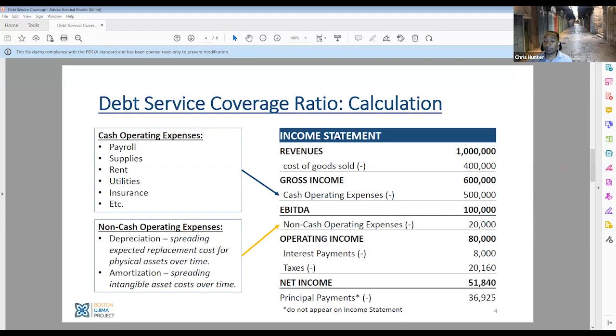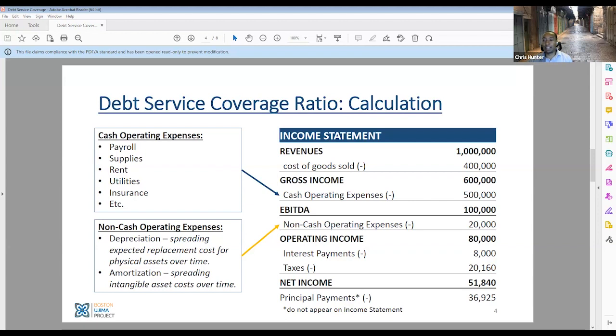Just noting that principal payments don't appear on the income statement. I put that line here just so we could see it in the rest of the picture of this fake business. But this will not show up in the same place when looking at financial statements.